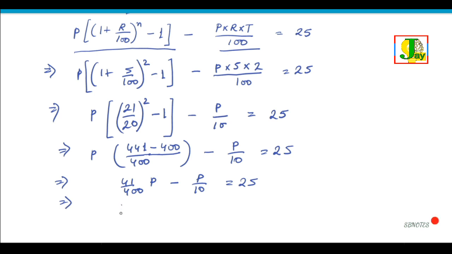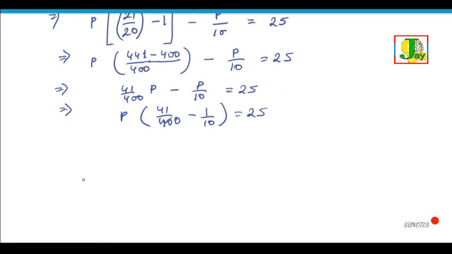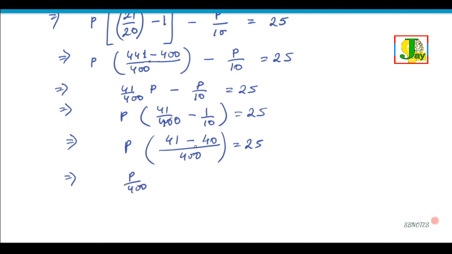Now you can take P common here: 41 by 400 minus 1 by 10 equals 25. Rest is all simple calculation only. So LCM is 400, we get 41 minus 40, 10 times, right, equals 25. So that's P by 400, 41 minus 40 is 1, equals 25.